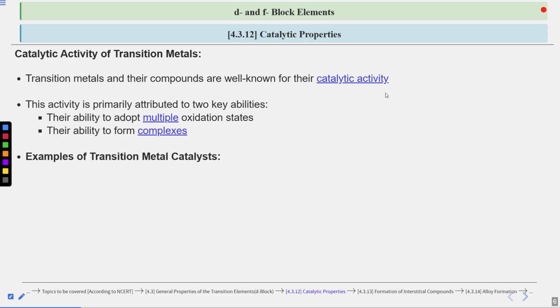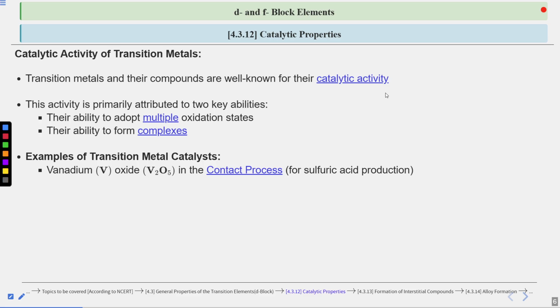Let's see some examples of transition metal catalysts. First is vanadium oxide, that is V2O5, where vanadium has +5 oxidation state, in the contact process. So we use vanadium oxide as a catalyst in the contact process for sulfuric acid, H2SO4, production.